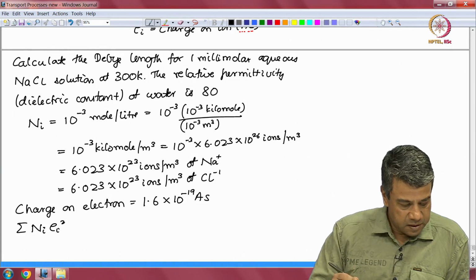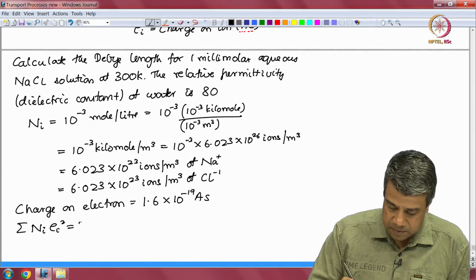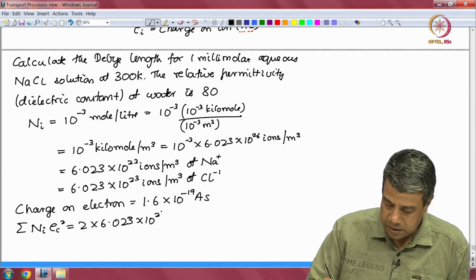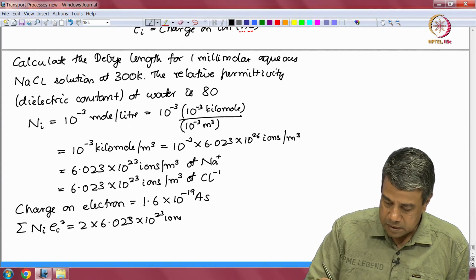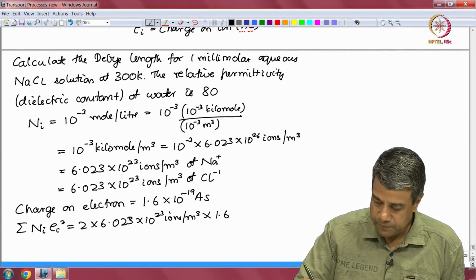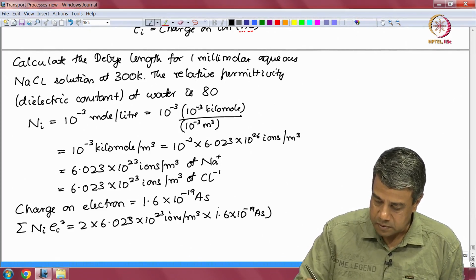So this is going to be equal to 2 times 6.023 into 10 power 23 ions per meter cubed into (1.6 into 10 power minus 19 ampere second) the whole square.